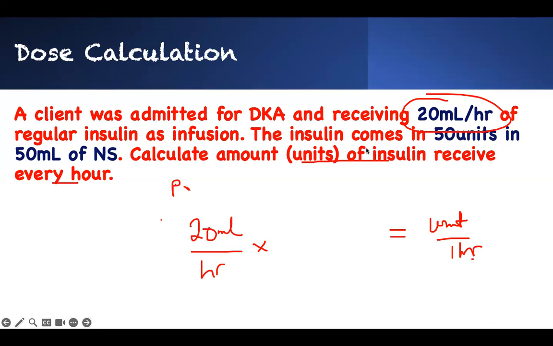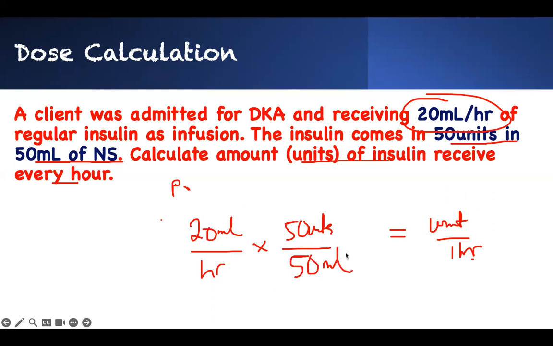It's the available one. The insulin comes in, that's what is available. It's available in 50 units in 50 ml of normal saline. I look at the answer choice. I need the units to be on top. So 50 units over 50 ml of normal saline.